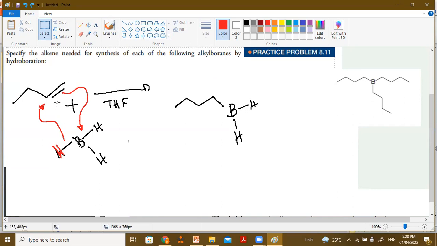Your hydrogen will be added to carbon 2. So if this is carbon 1, carbon 2, it should be on the same side. Boron and hydrogen should be added on the same side. Carbon 1, carbon 2, carbon 3. Always count so you don't get lost.